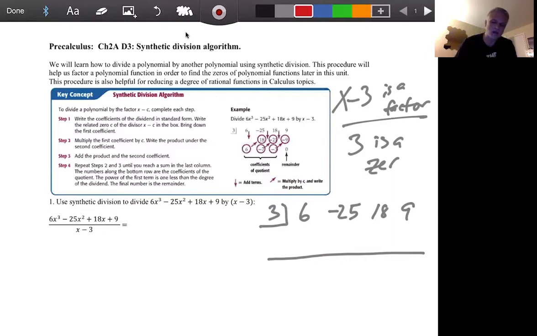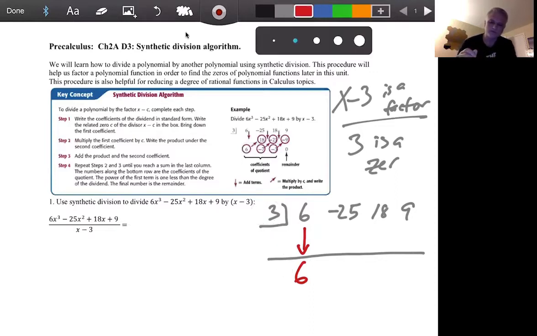And now we are going to bring down the first coefficient. So that means we're going to take the 6, we're going to bring it straight down. Now, step 2, we multiply that first coefficient by our 0. So 3 times 6, right?